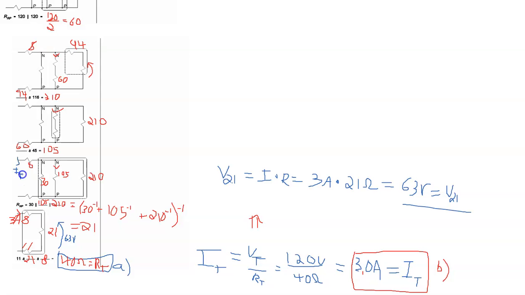The voltage across the 11 ohm is not helping us find the answers to the circuit. So if this voltage is 63 volts, then the voltage between N and P is 63, and we can move up to the next circuit. The voltage between N and P is indeed 63 volts.